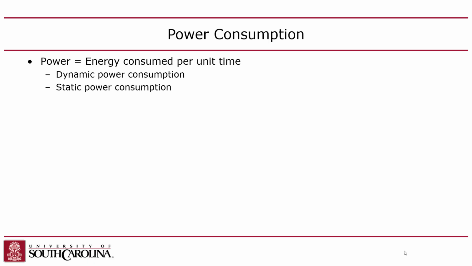So CMOS has two ways that it uses power: dynamic power consumption and static power consumption. Dynamic is from switching transistors. Dynamic power consumption happens only when you switch transistors from on to off or off to on, and static power consumption is constantly burning.